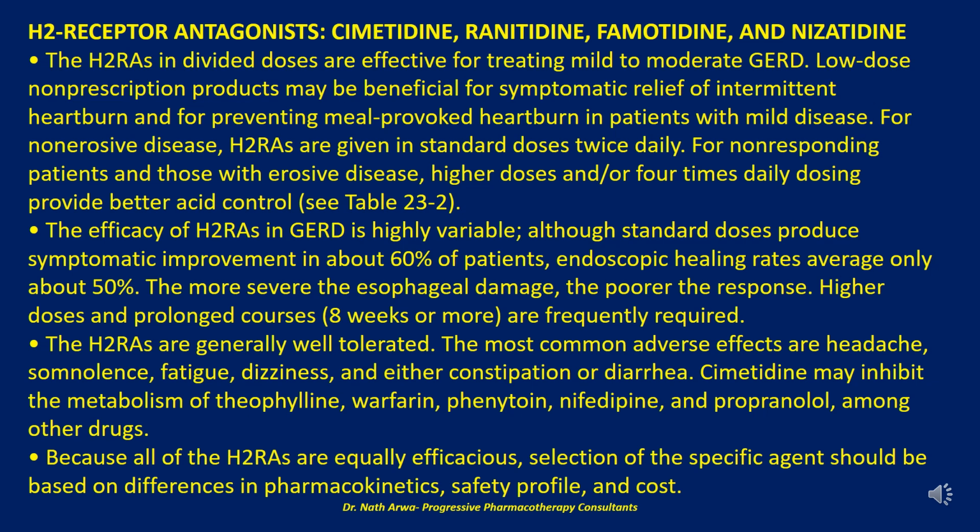For non-erosive disease, H2 receptor antagonists are given in standard doses twice daily. For non-responding patients and those with erosive disease, higher doses and/or 4 times daily dosing provide better acid control. See Table 23.2.